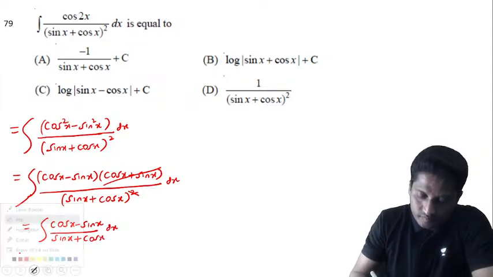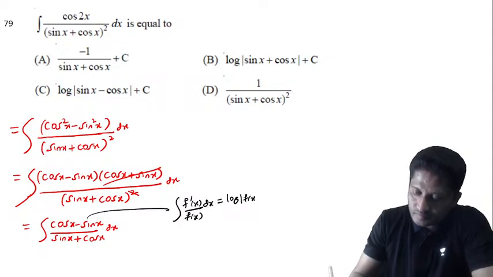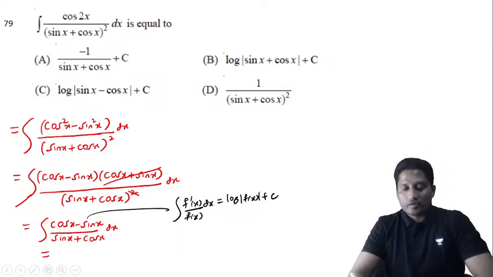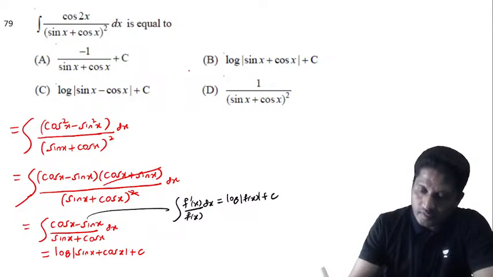This is of the form f dash of x by f of x, which is equal to log f of x. You differentiate the denominator, you get the numerator. Log of denominator will be log of sin x plus cos x plus c. Answer is option B.